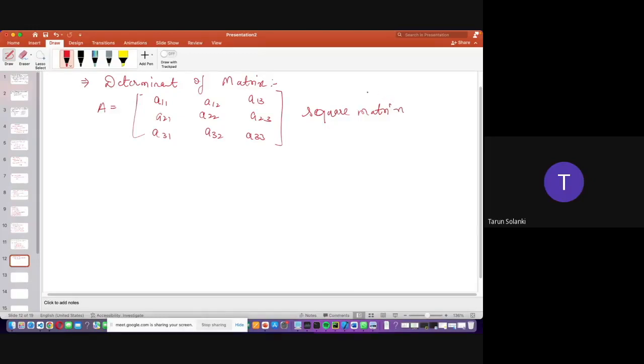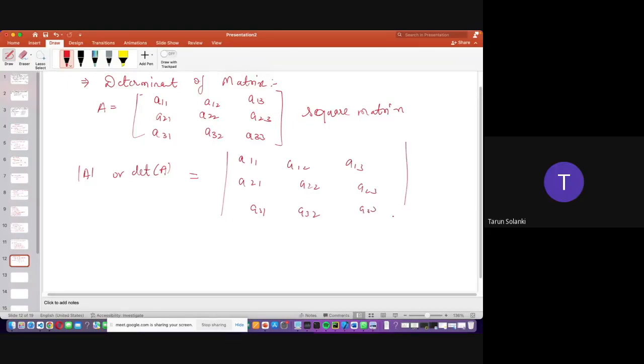Then its determinant is denoted by mod A, or you can say that it will be the same array A11, A12, A13, A21, A22, A23, A31, A32, A33 in vertical bars.